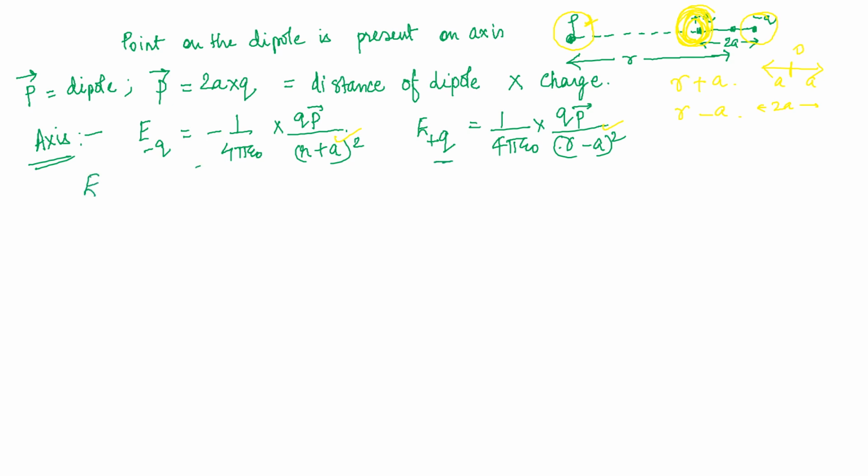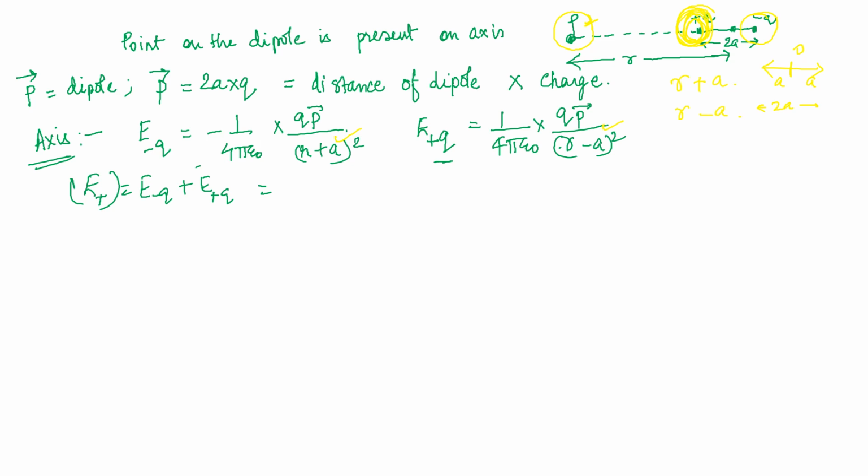Now E total for both is given by E due to minus Q plus E due to plus Q. We will solve it in the class on electric dipole. I have already shown you the derivation of this. You can refer to that class for the derivation.